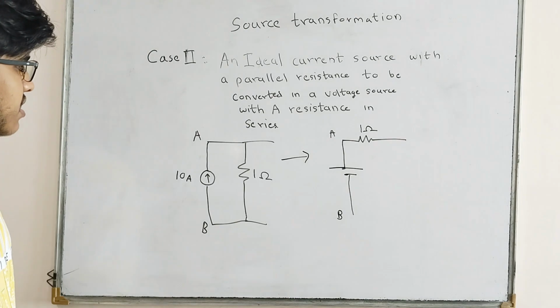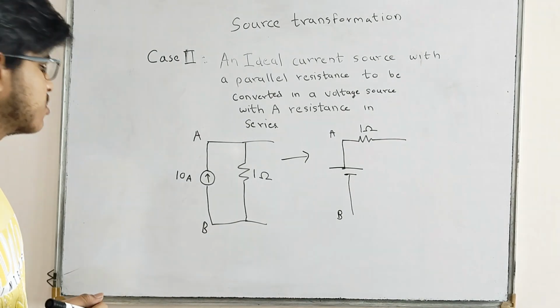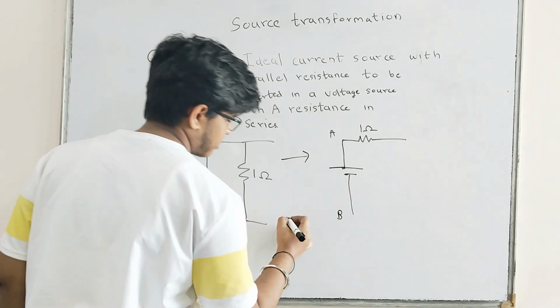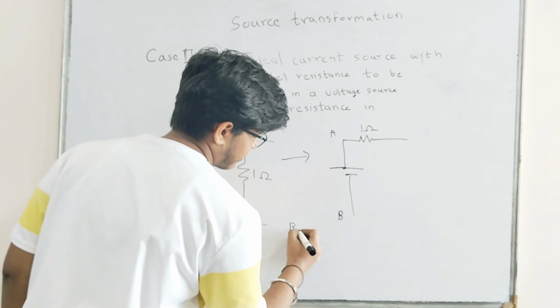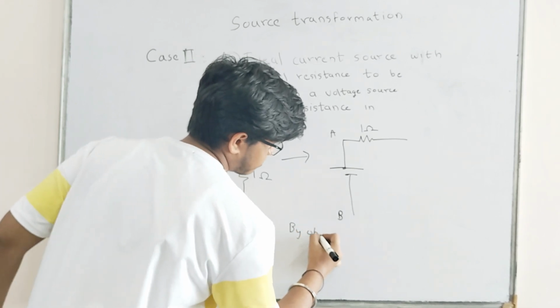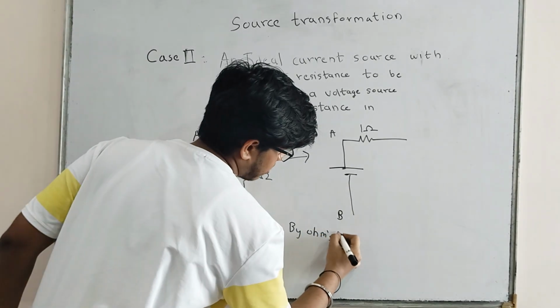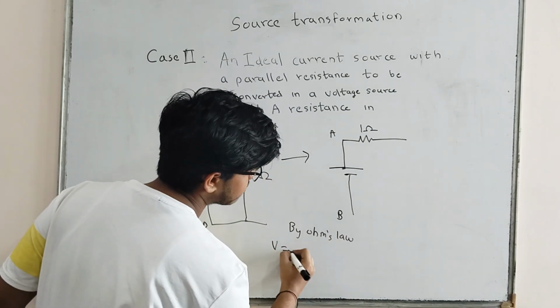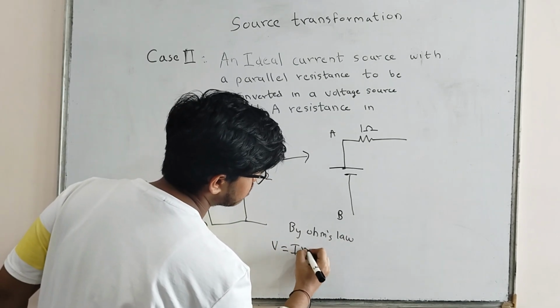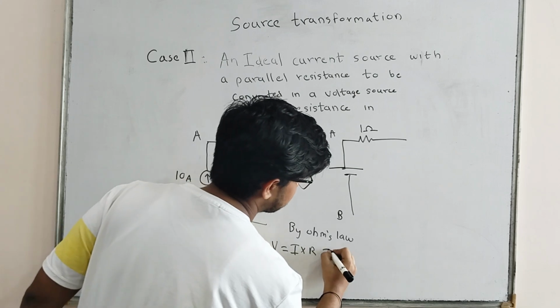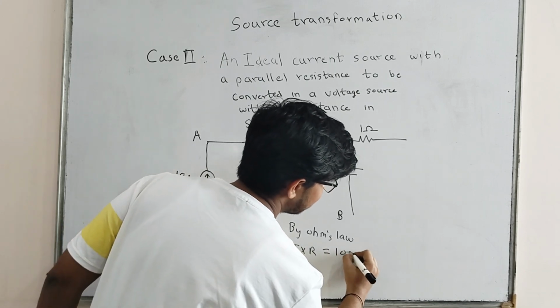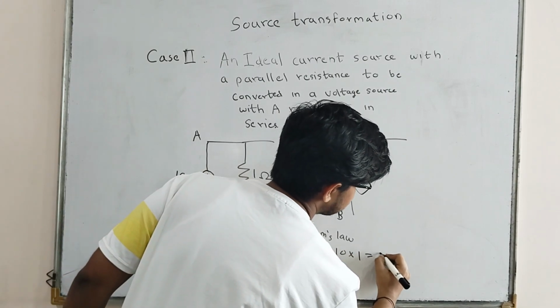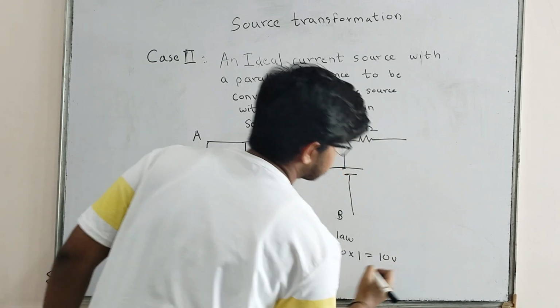Now what will be the value of the ideal voltage? Let us calculate it by Ohm's law. V is equal to current into resistance, which is 10 into 1, which is 10 volts.